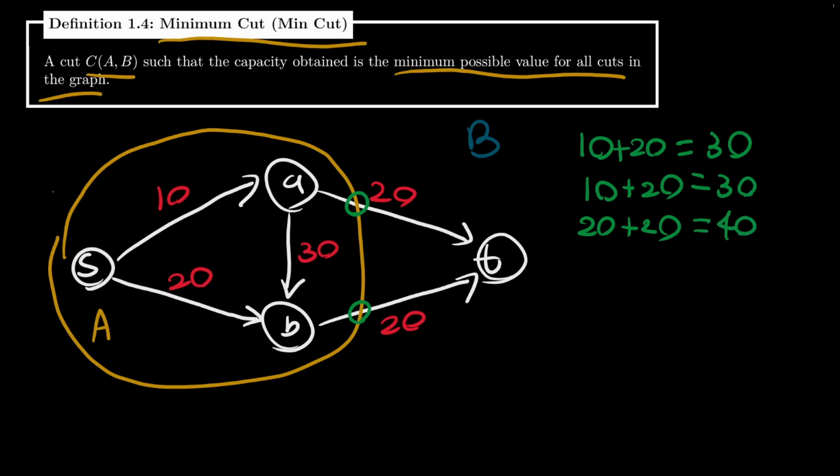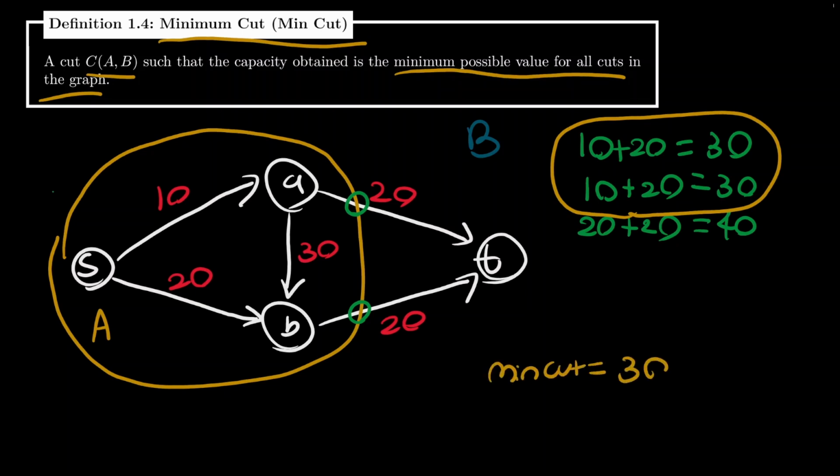We can see from this graph the best possible cut, or the minimum capacity cut that we can achieve, is 30, so our min cut is going to be equal to 30. There are multiple min cuts, but a min cut is the smallest possible capacity cut that we can achieve. This is a min cut.